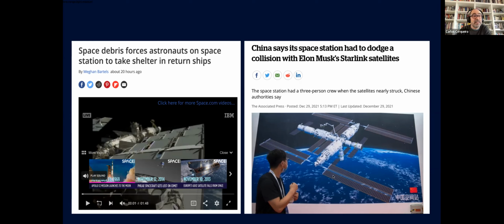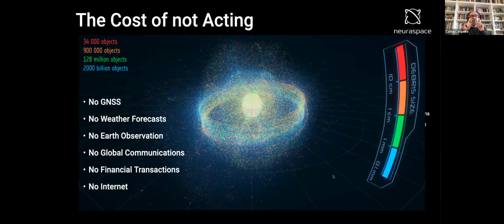Well, there are certainly more important problems in the world, but the thing that we have to be aware of is that we are absolutely dependent on satellite technology. If you open your cell phone and look at the apps that use satellite technology and are a constant in our daily life, it probably will be all of them.